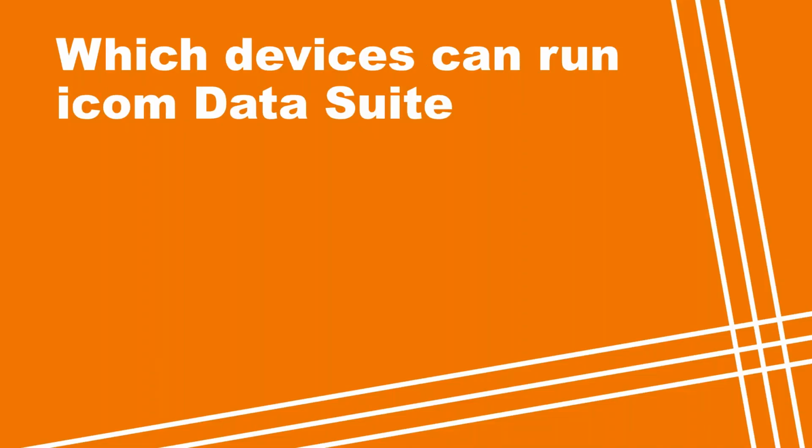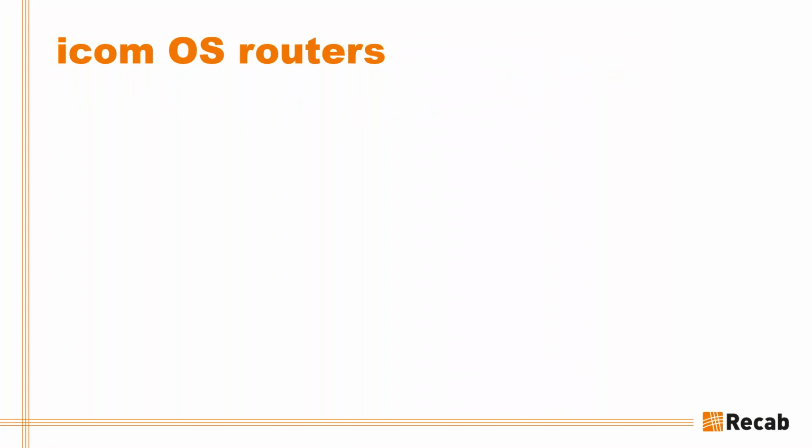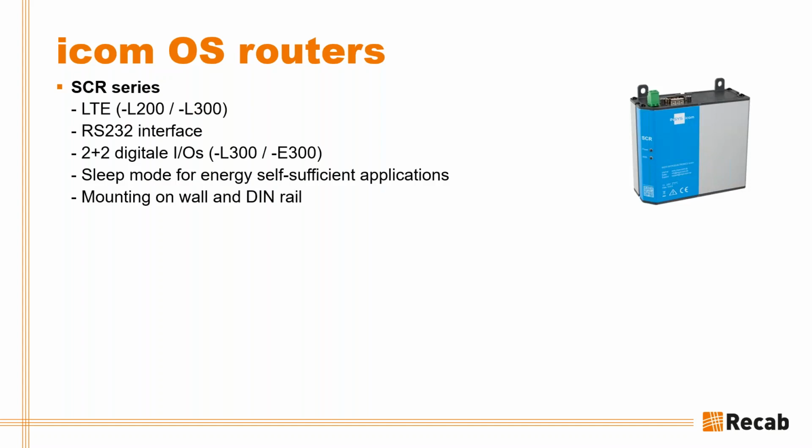So take a quick look at what devices you can use to run icom data suite. You need a router that runs icom OS. And first we have the SCR series, which you can get with LTE. You can also get them with digital IOs. And you always have an RS-232 interface.